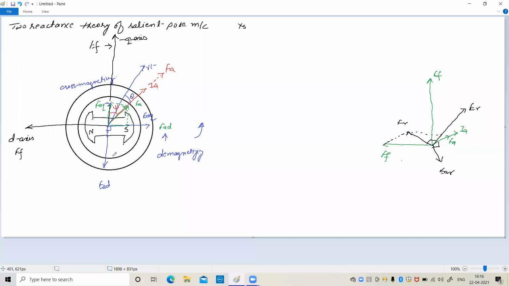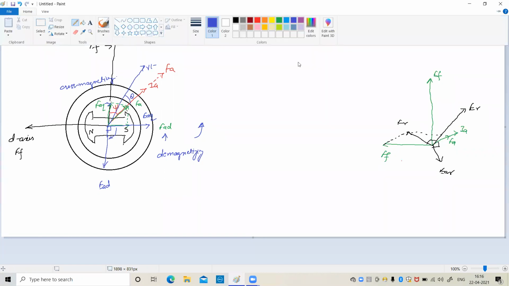So here EAD is lagging by 90 degrees with respect to FAD. And the EAQ, the EMF induced by FAQ, is again lagging by 90 degrees. So I will redraw this figure so that it becomes simple to understand.